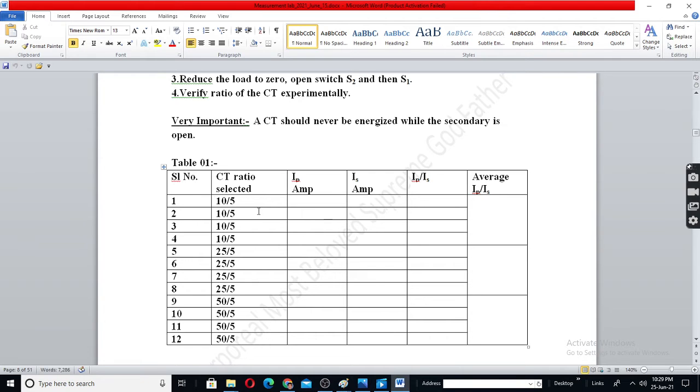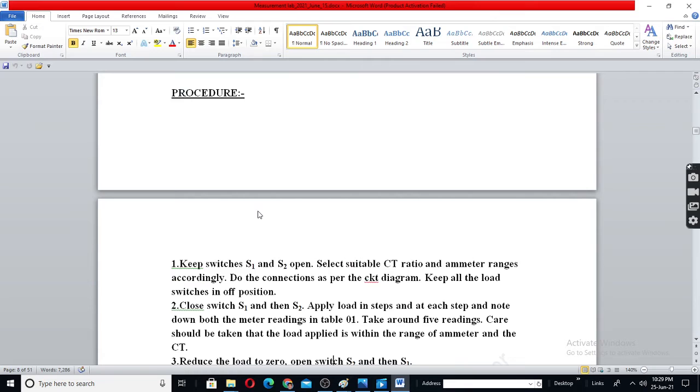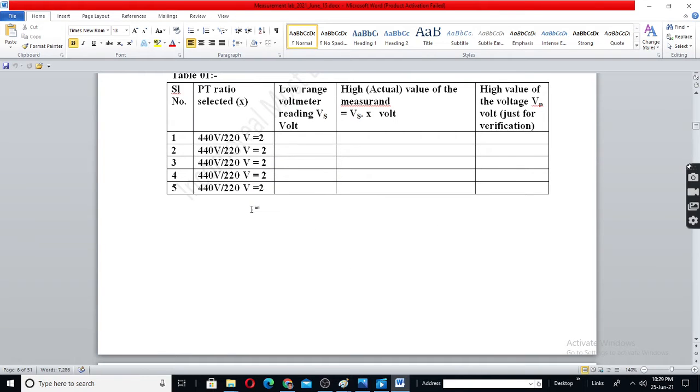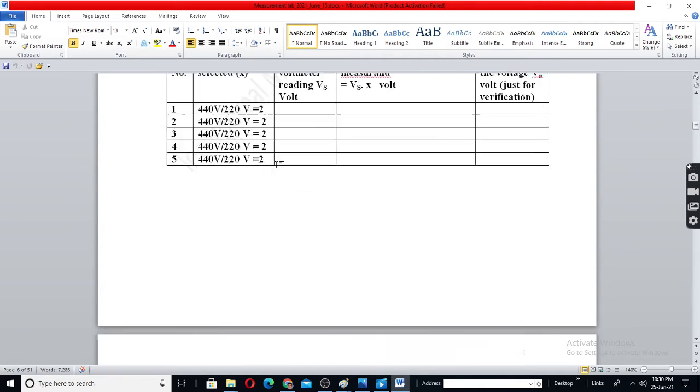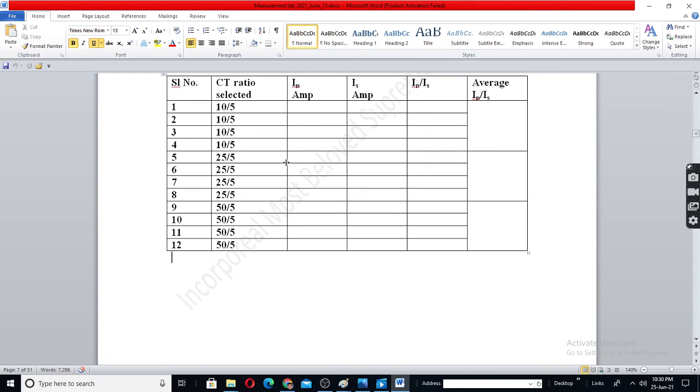In our laboratory we have only one PT ratio, 440 primary, 220 secondary. See, the ratio has no unit because it is volts by volts. In a CT also, 10 ampere by 5 ampere.